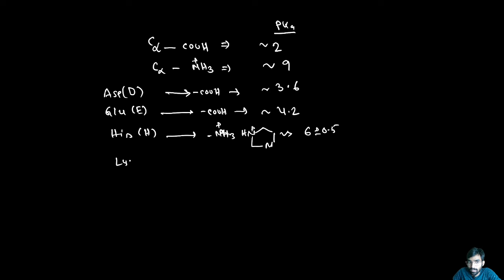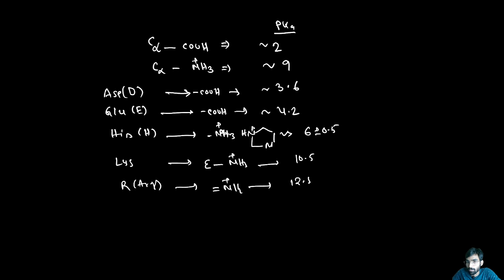For lysine, it's also the side chain NH3 positive, epsilon condition, that's also 10.5. For arginine, the NH2 of the guanidino group, that is 12.5 plus minus 0.5 error. So if you remember those basic things, then you can easily solve the titration curve and the titration plot and the charge.